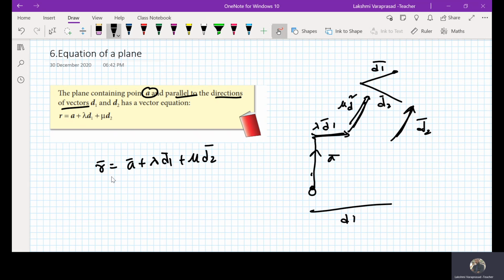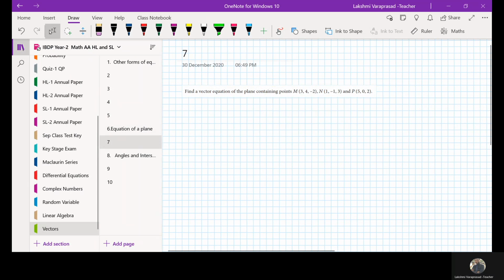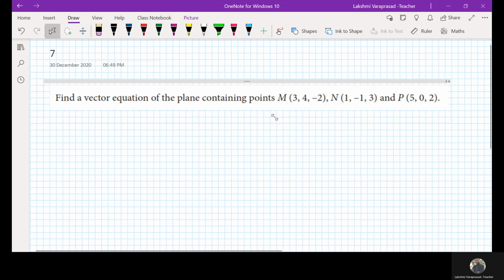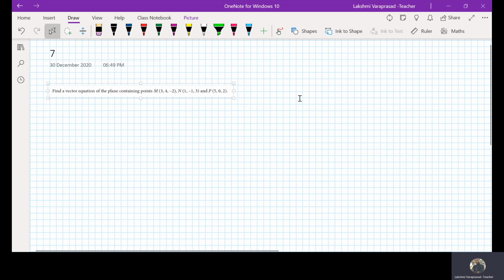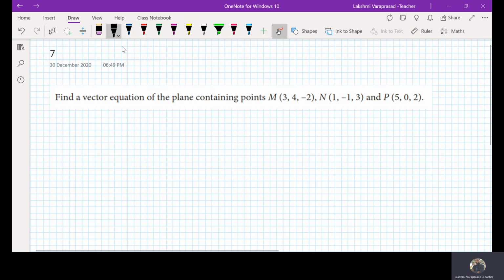So I'll take an example and explain this concept. Find a vector plane equation containing the points M, N, and P. How to write all these points?